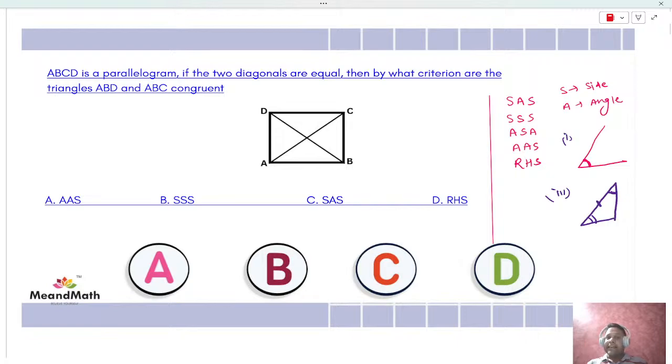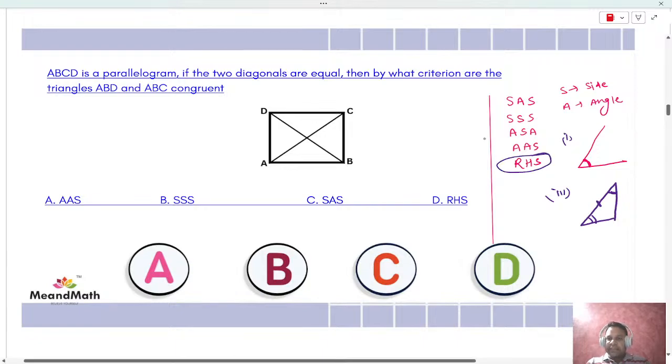Fourth one is AAS, two angles and one side. Any two angles are equal and one side should be equal. And RHS. R stands for right angle, H for hypotenuse, S for side. So this is basically a right angle triangle.